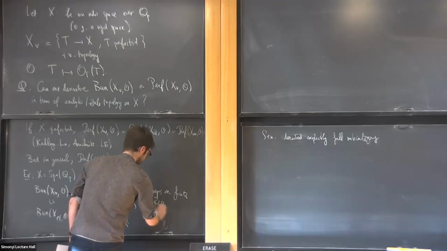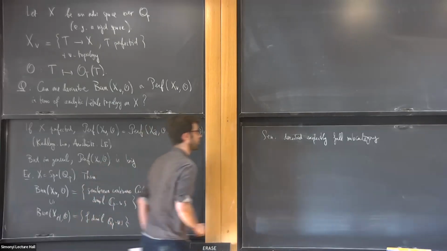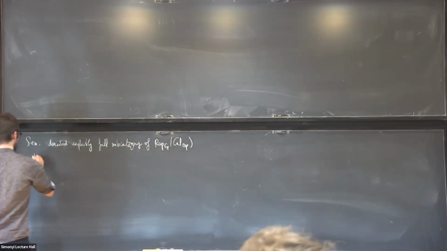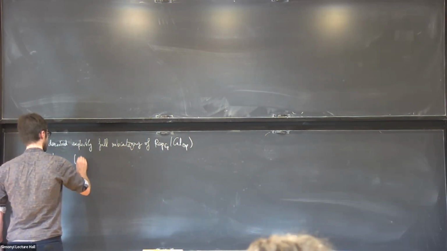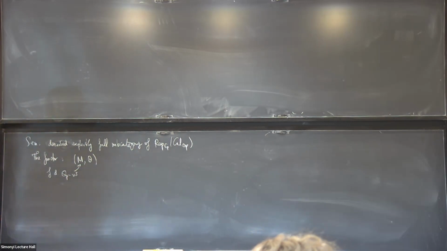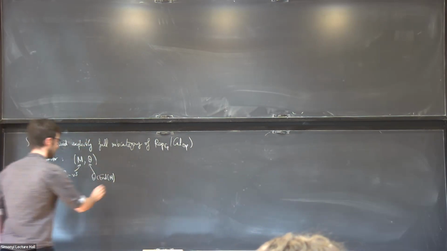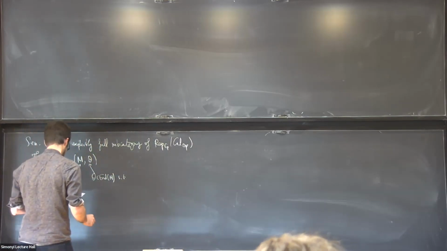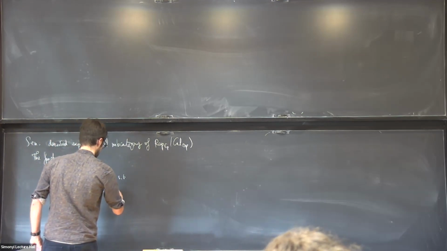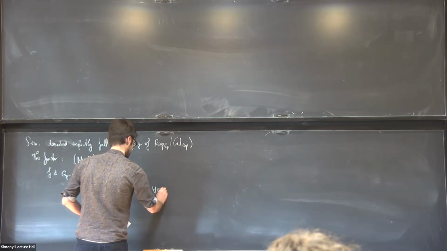Namely, he proved that the functor which sends the pair (M, theta), where M is a finite dimensional Q_p vector space and theta is some endomorphism of M, with some condition on theta, you want to assume that the exponential power series of theta times the logarithm of the cyclotomic character applied to sigma converges for any element sigma in the Galois group.